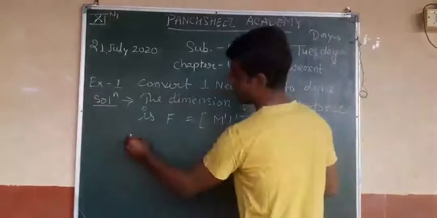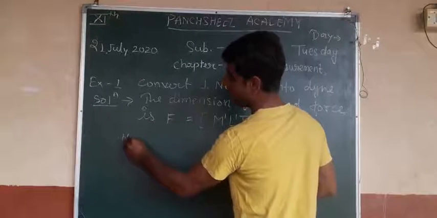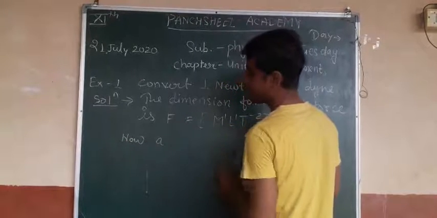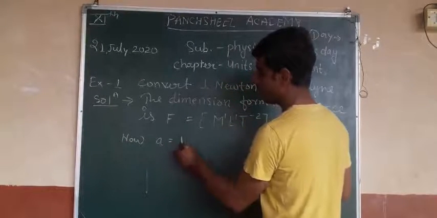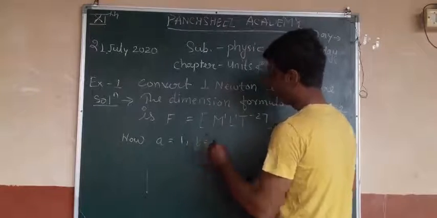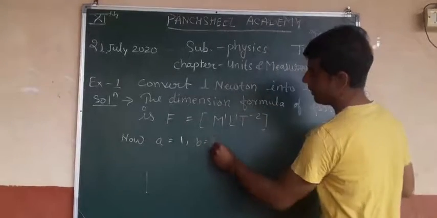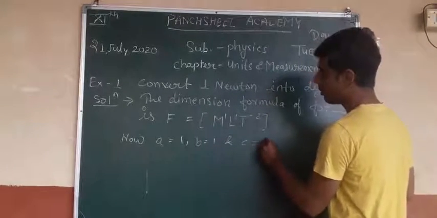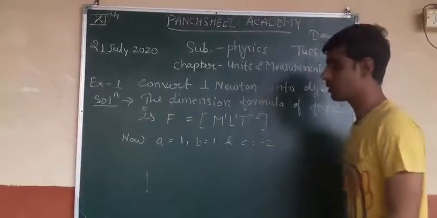Now what is the value of A? A equal to 1, B equal to 1 and C equal to minus 2. Okay.